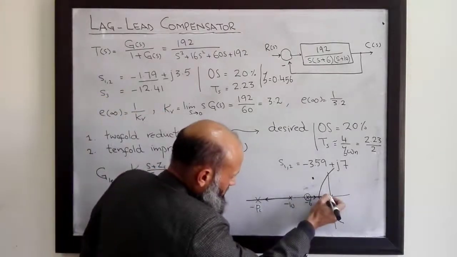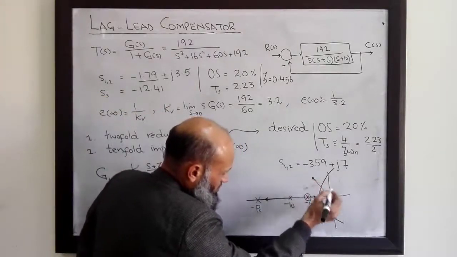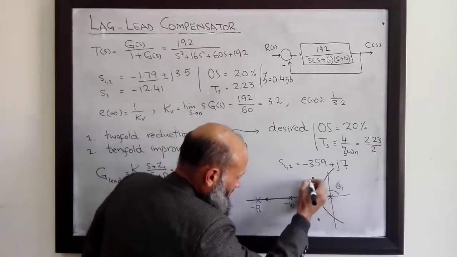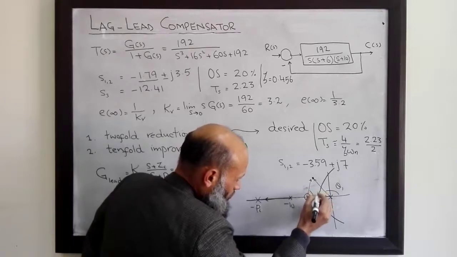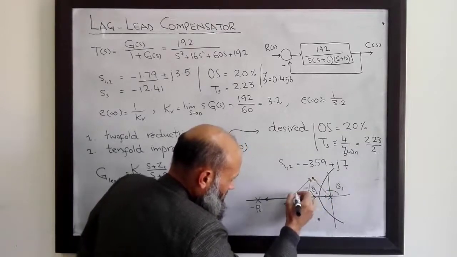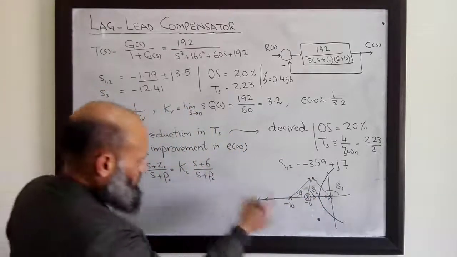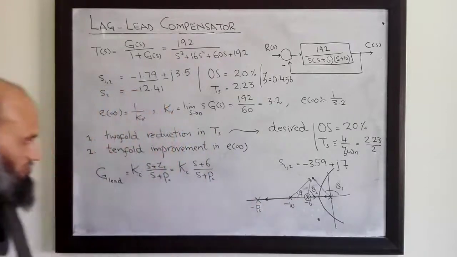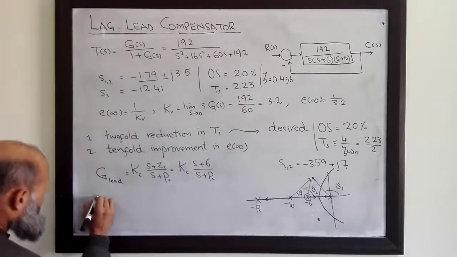Here at this point there is an angle contribution due to this pole, let's call it theta 1. There is an angle contribution due to this pole, let's call it theta 2, and an angle contribution due to the third pole, and the angle contribution due to the zero of the compensator, and the angle contribution due to the pole of the compensator.